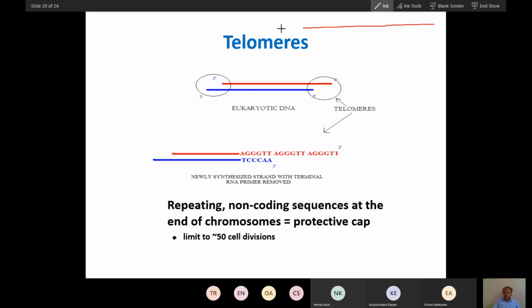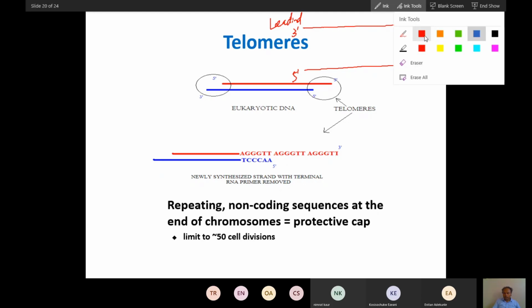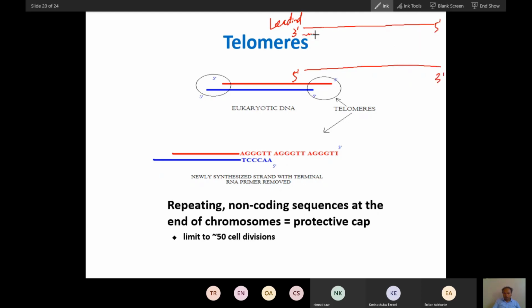So you will see in the leading strand. I'm talking about the leading strand. This is the leading strand, 5 to 3, 3 to 5. This is the parent strand. Now let's take the other strand. This is the lagging strand, 5 to 3. So when replication occurs, this is a primer, let's say this is RNA.